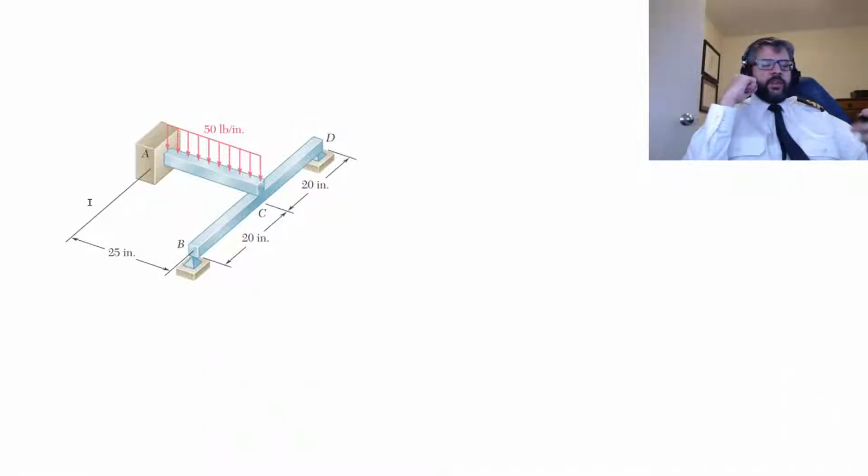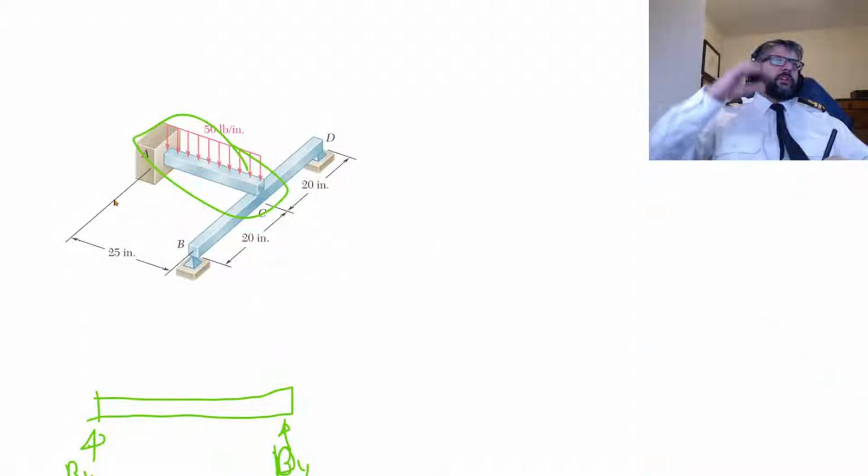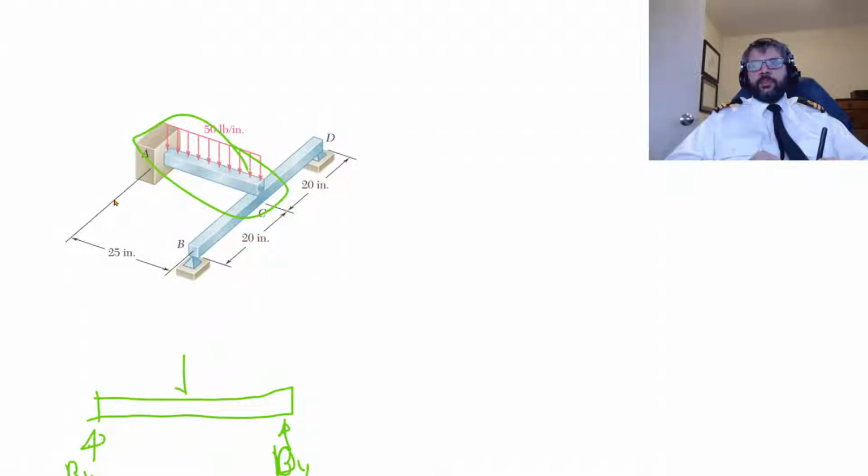So essentially, if we do a free body diagram of our BCD here, so again we got B, we got a BY, we got a D, DY, and then when this cantilever beam here starts to push down, we're going to call that CY.